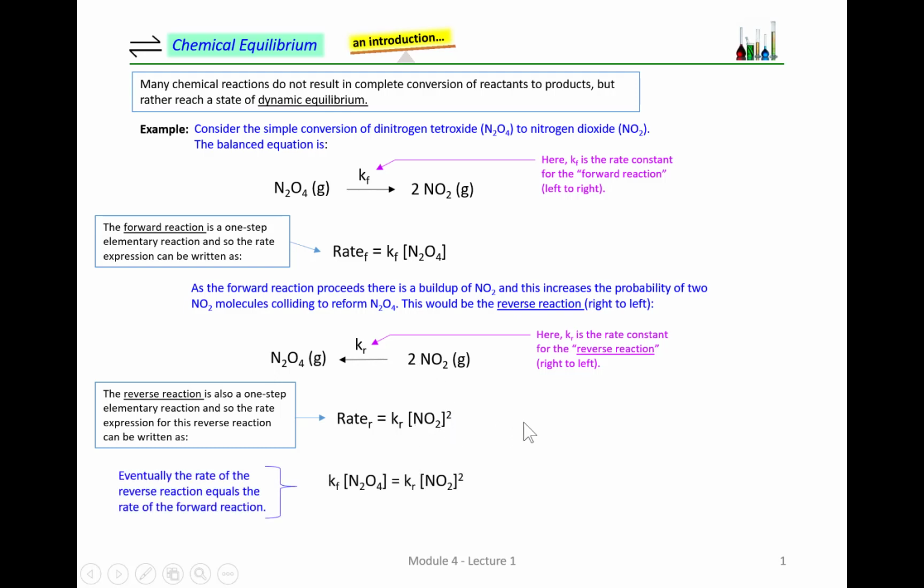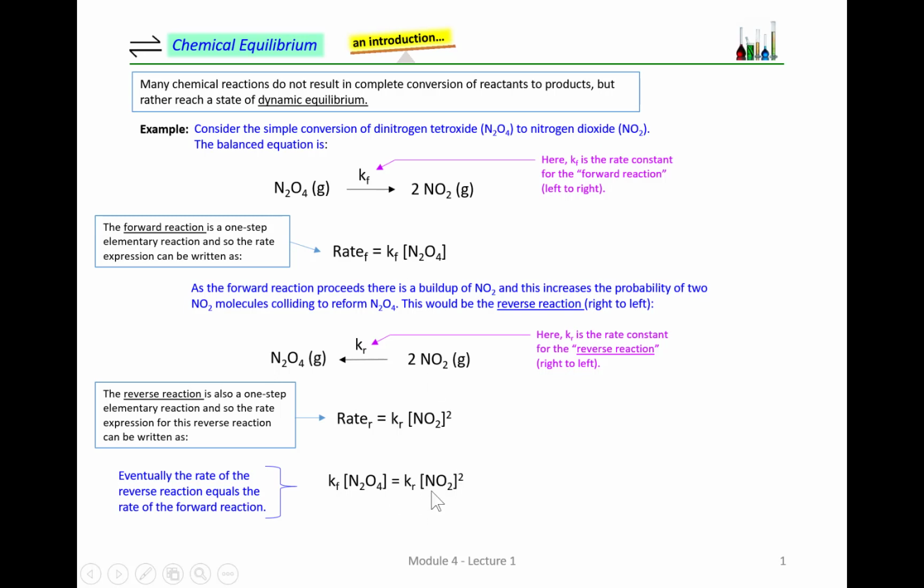Now eventually, the rate of the reverse reaction is going to be equal to the rate of the forward reaction, and what that would mean is that the expression Kf times N2O4 to the first power, which remember is the rate of the forward reaction, left to right, is going to equal the rate of the reverse reaction.